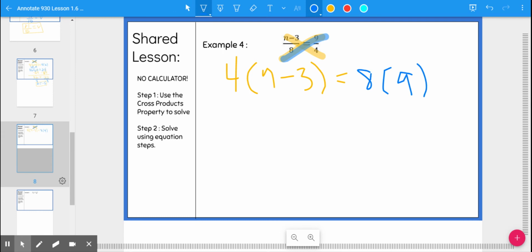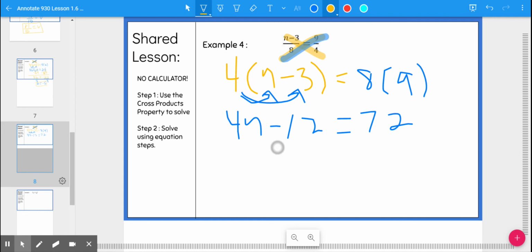And the first thing I need to do here is distribute the 4 to what's inside the parentheses. So we have 4 times n, which is just 4n. And then we have 4 times negative 3, which gives us negative 12, is equal to 8 times 9, which is 72. Now, our equation reads 4n minus 12 is equal to 72.